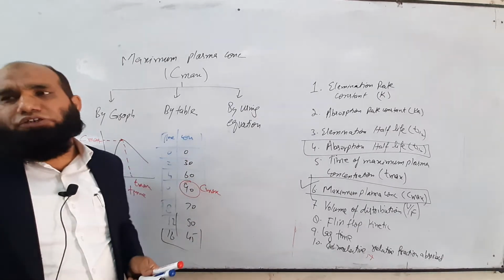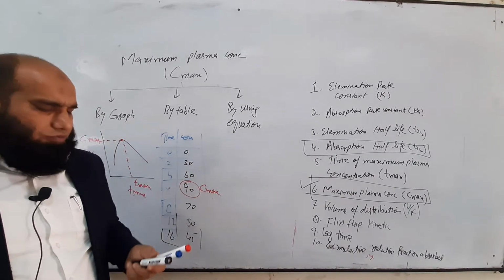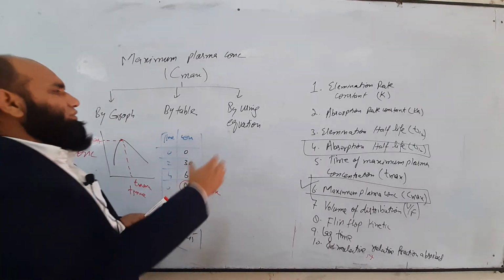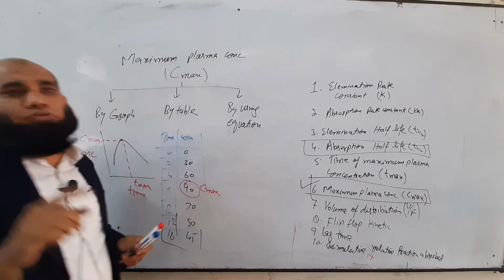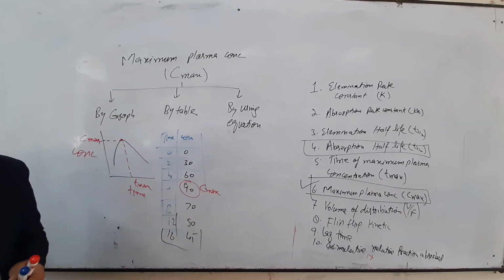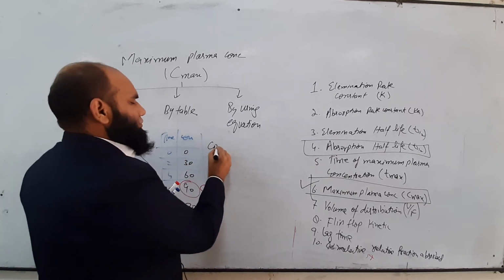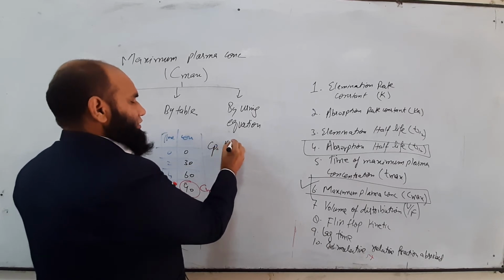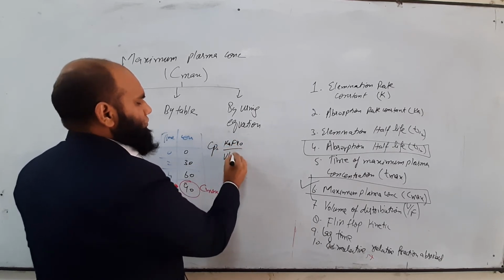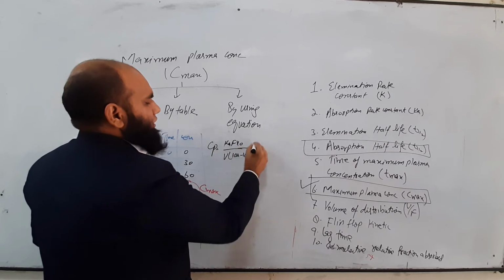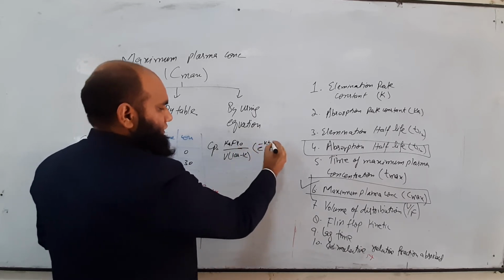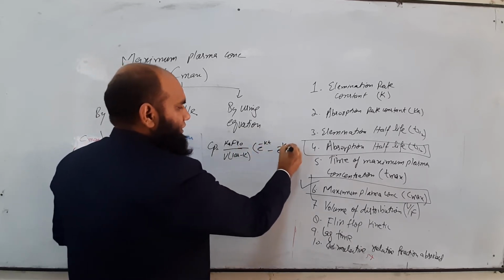Okay, by using an equation, once again, just like the Tmax, we will have to write the formula. In case of the equation, we will move toward our previous equation, which was given for the plasma concentration. Remember, Cp was equal to Ka F X naught over V into Ka minus K, into e to the minus Kt minus e to the minus Kat.